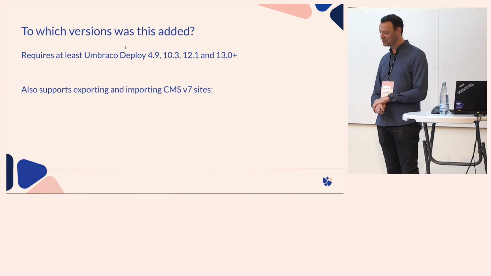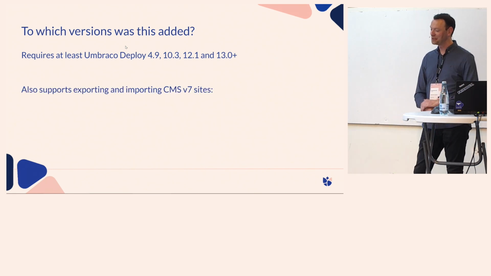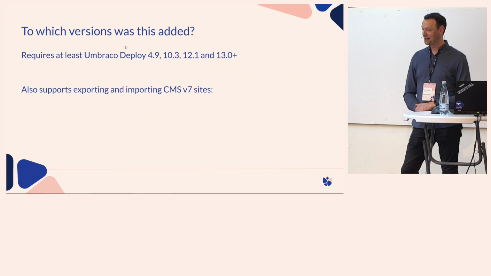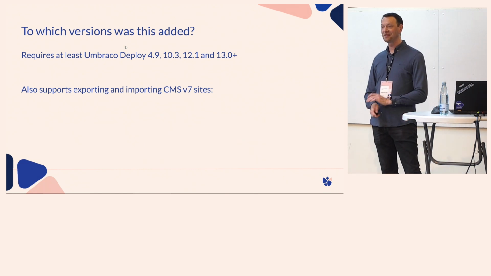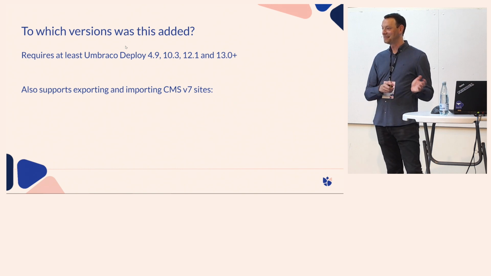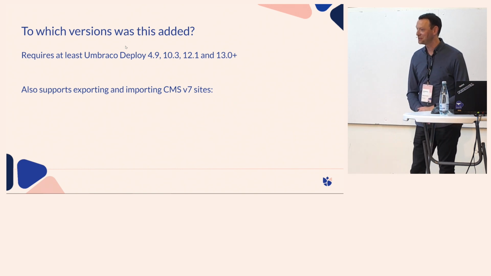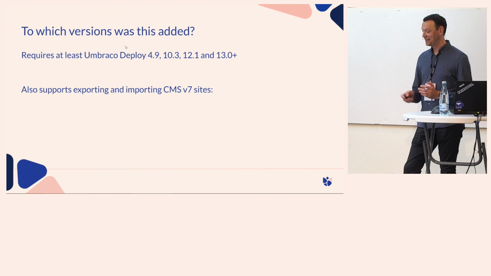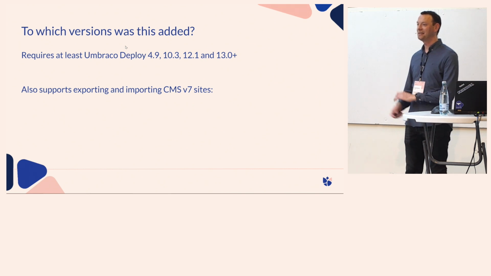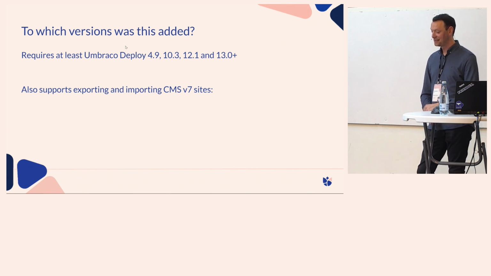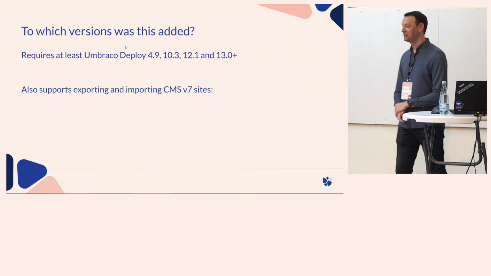After the introduction, we released a Deploy Contrib export package. And this allows exporting Umbraco 7 packages. And it doesn't even require a license. So if you have a legacy project that you still want to migrate to a newer version, you can install Deploy, install the Deploy Contrib and the export package, create an export, and then use that file to import into a newer version, which does require a license.